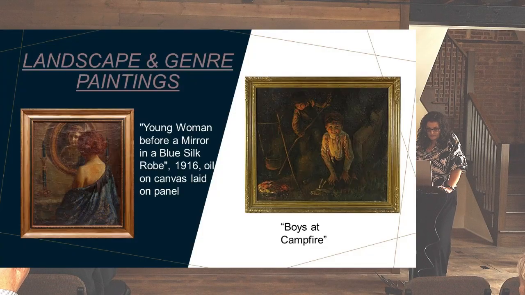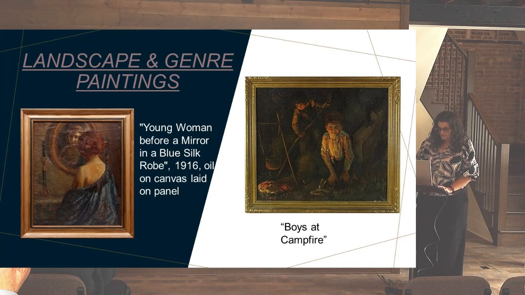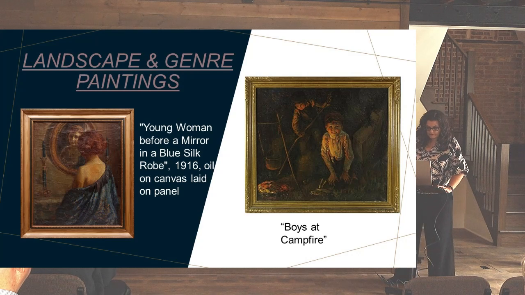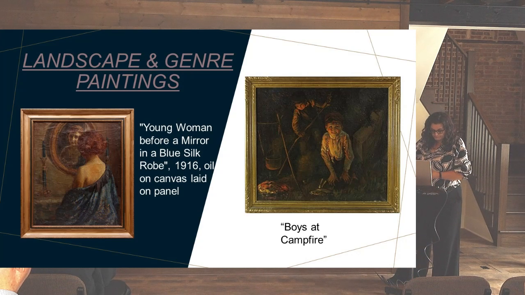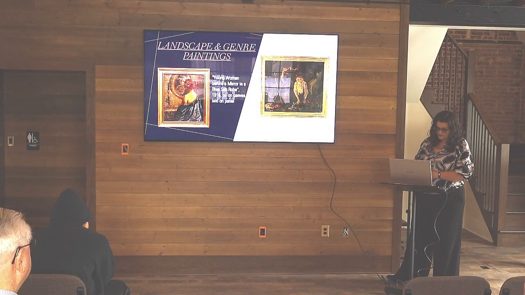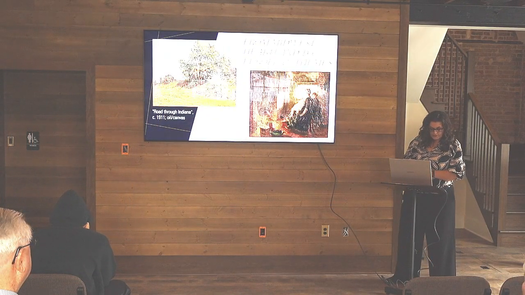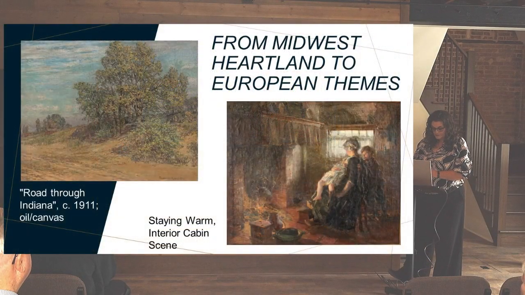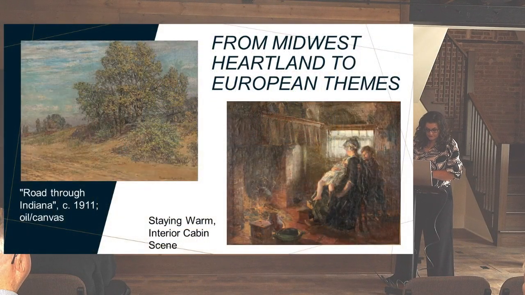Grafton's genre paintings depicted daily activities of ordinary people, such as laborers, fishermen, and homemakers, influenced by the regional realism of the Dutch and English rural traditions that he encountered during his European travels. These subjects underscored themes of labor and leisure in small-town America.